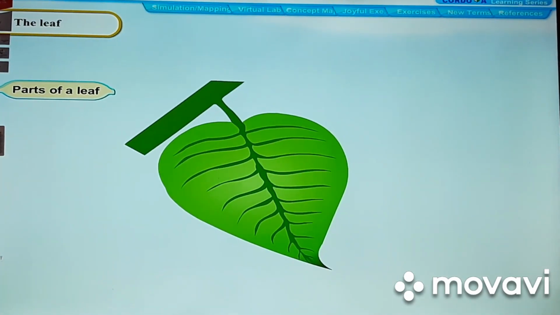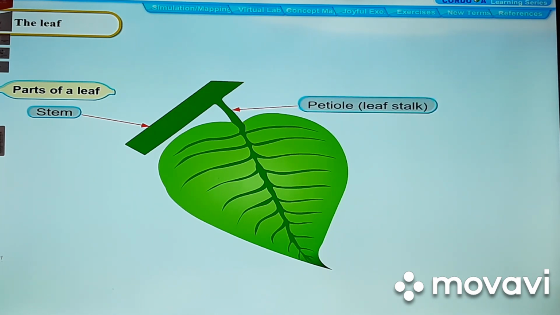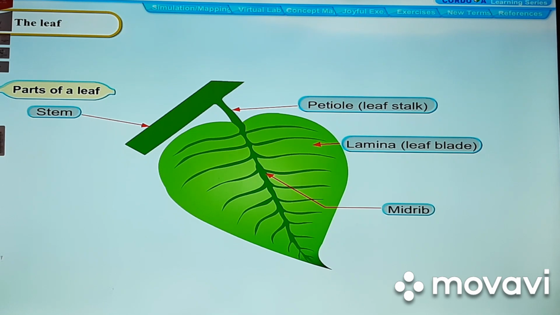A leaf grows on the stem at a node. It is attached to the stem by means of a stalk called petiole. The flat green portion of the leaf is called the lamina or leaf blade. The petiole continues in the leaf as a thick midrib in the center.